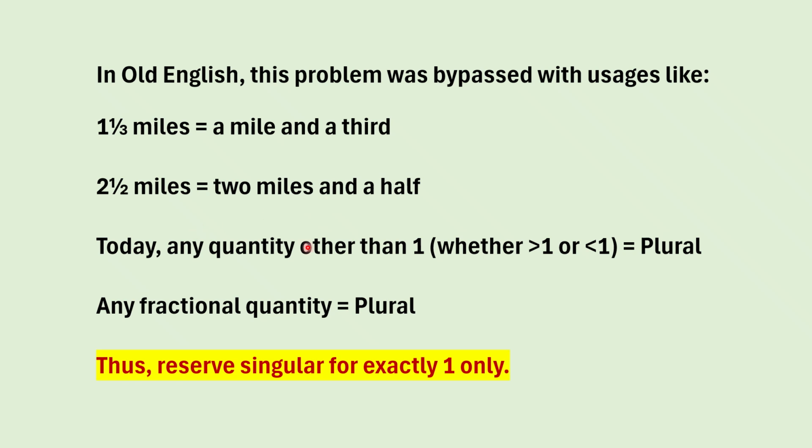So today any quantity other than 1, it may be less than 1, it may be greater than 1, but any quantity other than 1 is plural. Any fractional quantity is plural. Only when it is exactly 1, that is singular. So reserve singular for exactly 1, and anything other than exactly 1, less than 1, greater than 1, any fraction, it should be plural.